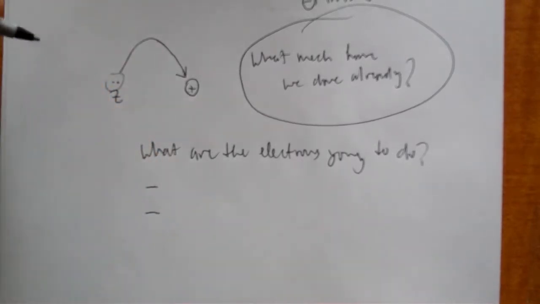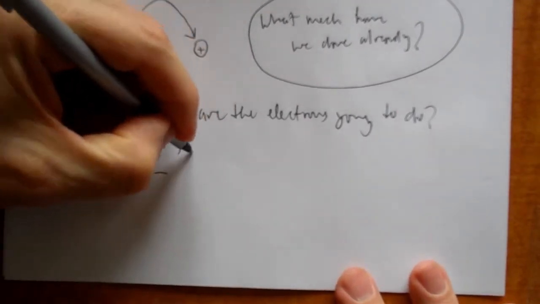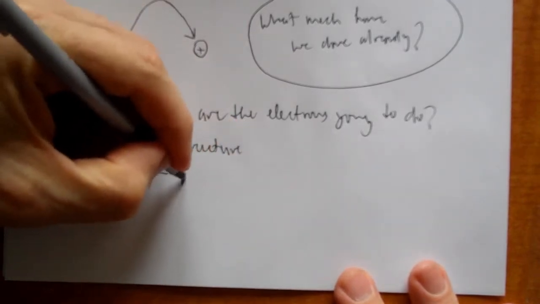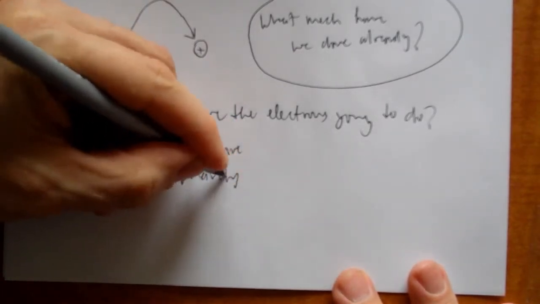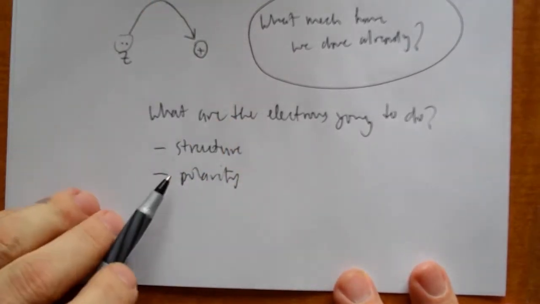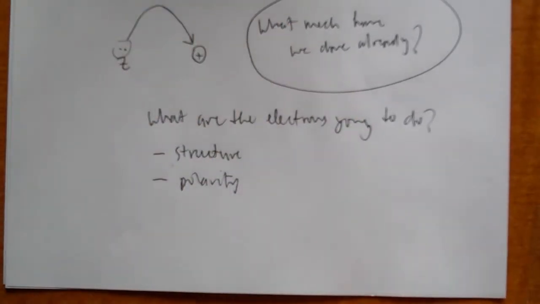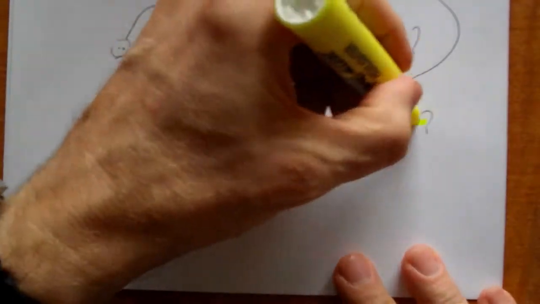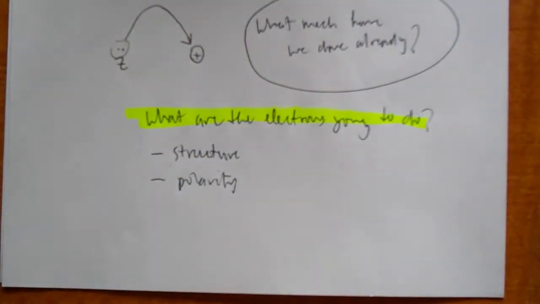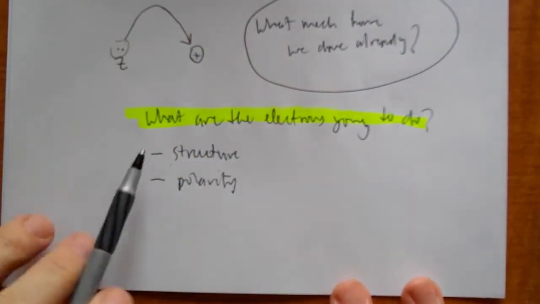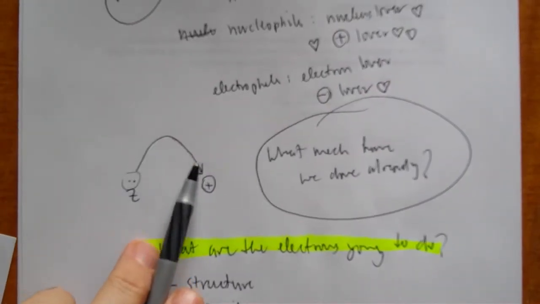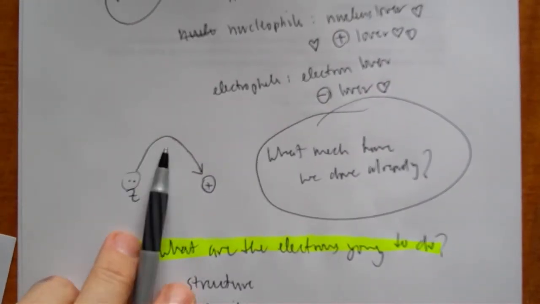We're going to answer that by considering 2 things: structure and polarity. We're going to spend some time talking about structure and some time talking about polarity. But that's always for the purpose of answering the overarching question: what are the electrons going to do? So, this is what the electrons are going to do. Boom. That's an arrow. Curved arrow notation.